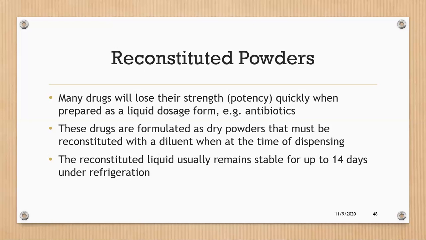It is when the drug is required, like on a medication order or prescription, that the drug is reconstituted, meaning you're adding a diluent to it to bring it to a particular concentration. And this facilitates the patient taking the medication without it going bad or the potency being lost, and it remains stable up to 14 days under refrigeration.